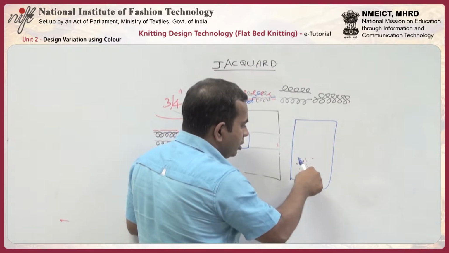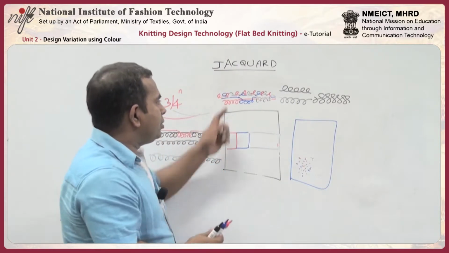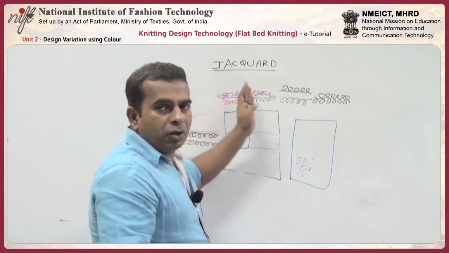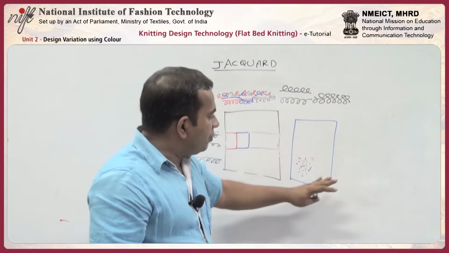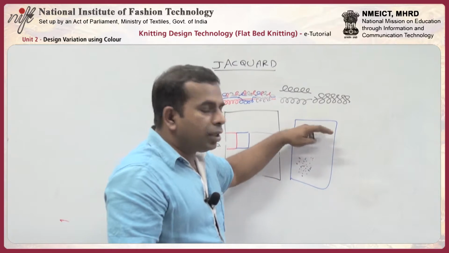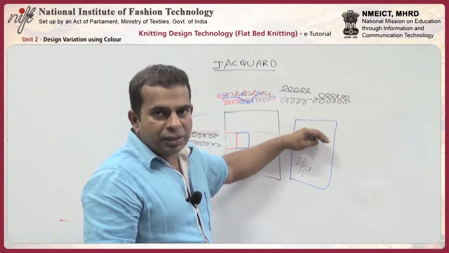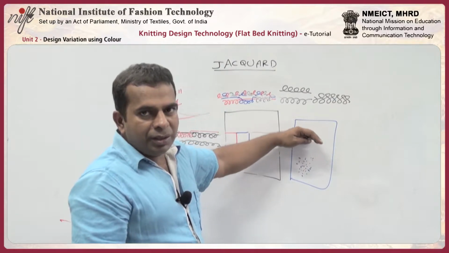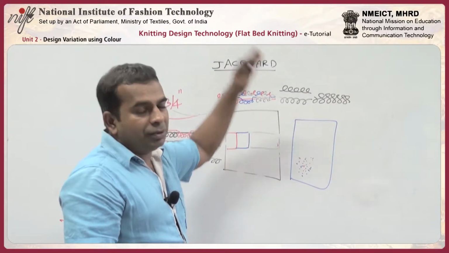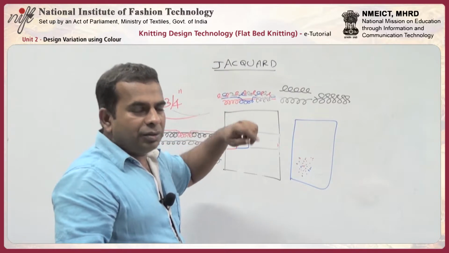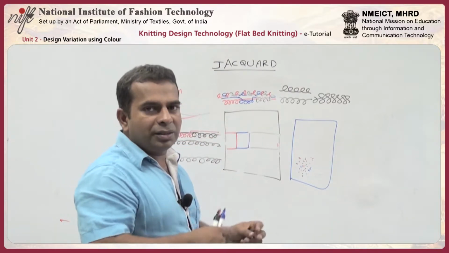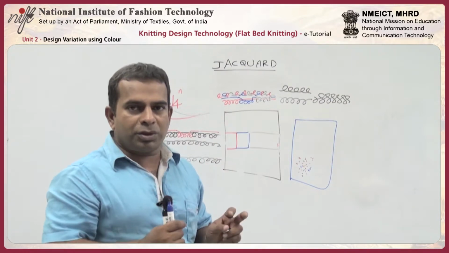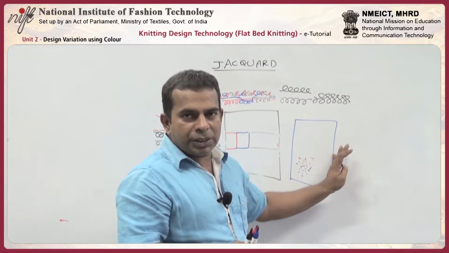If you have more colors, all this will have different needles knitting on it and breaking those long floats, and the backside will have a nice pattern like this, which is called bird's eye jacquard. So it really represents the bird's eye view of earth from a very high distance. Nothing would be clear, everything for us, our houses or buildings, cars, everything will look like small dots. So that is how it has been represented.